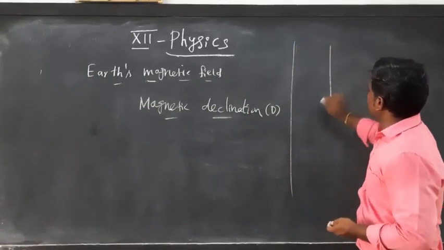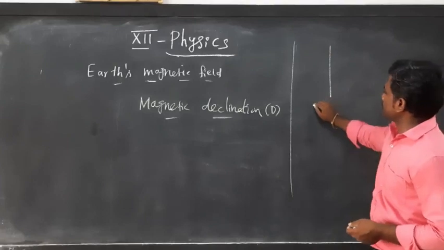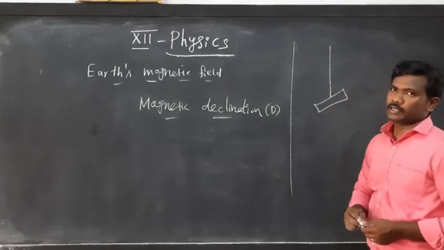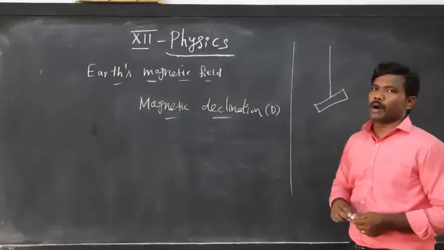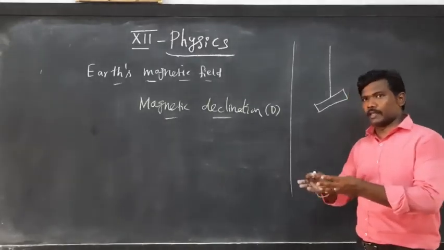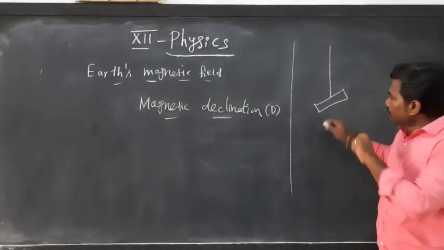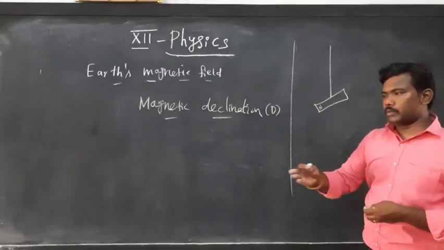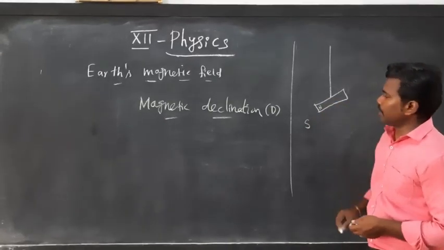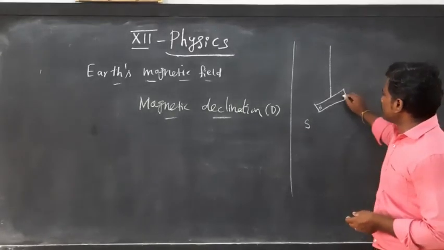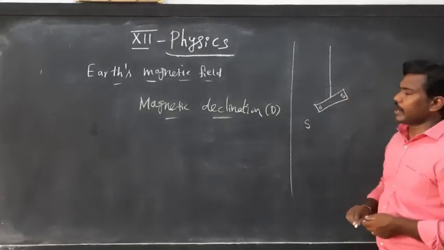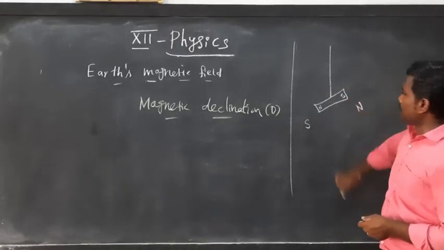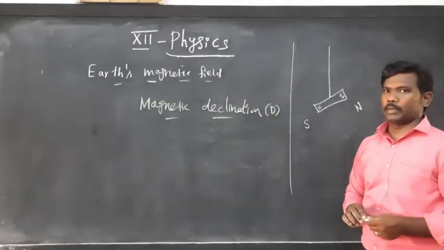If we freely suspend a bar magnet, the bar magnet aligns along the earth's magnetic field. The north pole of the bar magnet comes to the south side of the earth magnet, and the south pole of the bar magnet comes to the north side of the earth magnet.